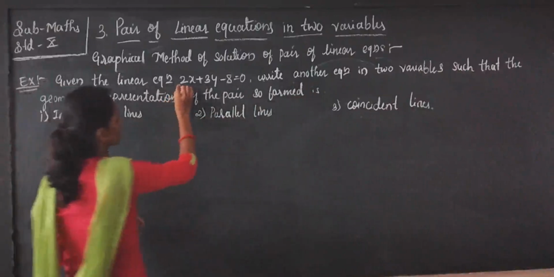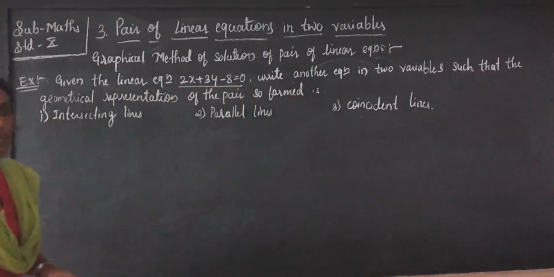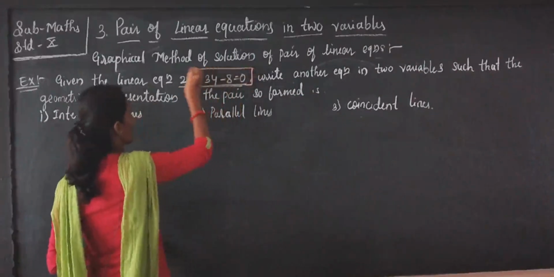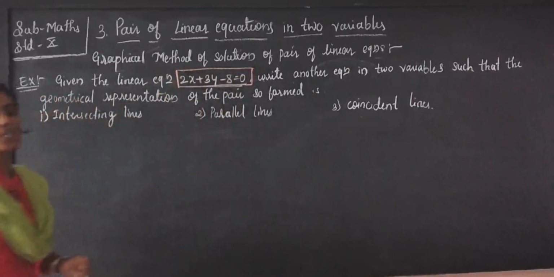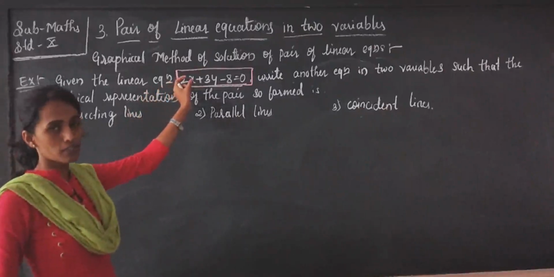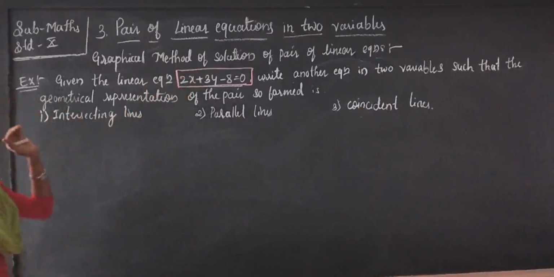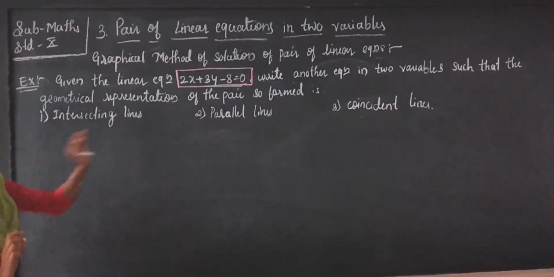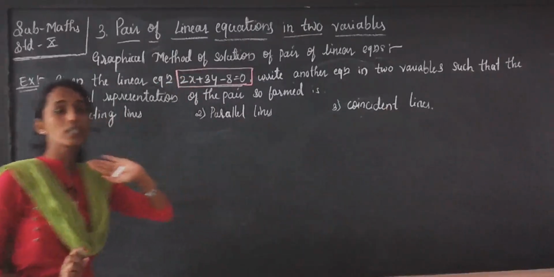So already the equation is given, which is 2x plus 3y minus 8 is equal to 0. For that one equation given, we have to write another equation, another pair of equation, which has to follow for intersecting lines, for parallel lines, for coincident lines.